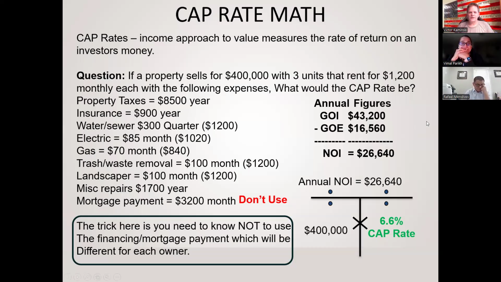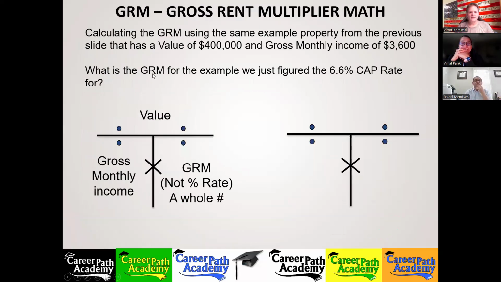Got it. Okay, so here's another one. Calculating the GRM for that same problem on the previous slide, where the value was 400,000 and the gross monthly income was 3,600. So what is the GRM for the property where we got that 6.6% cap rate?